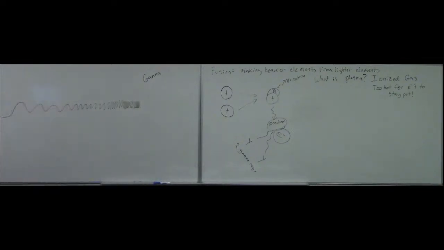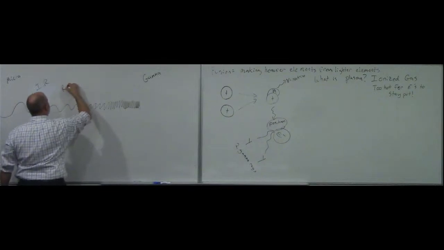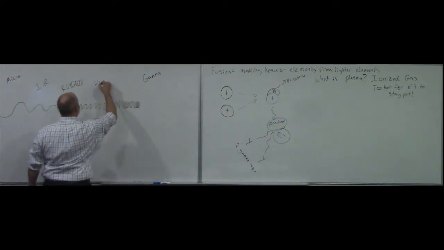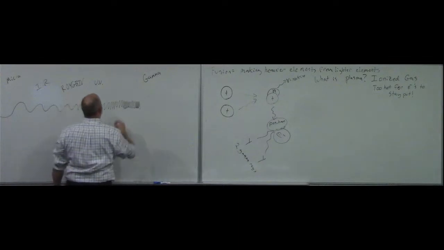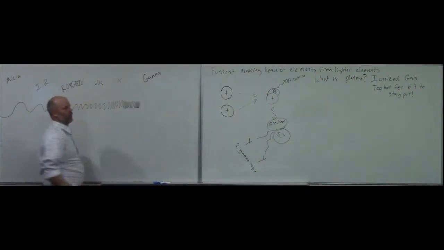We go radio, micro, infrared, and then we go red, orange, yellow, green, blue, indigo, violet. Then we have UV. Then we have X-ray, and then gamma ray.